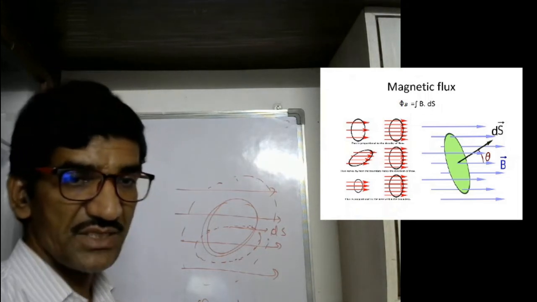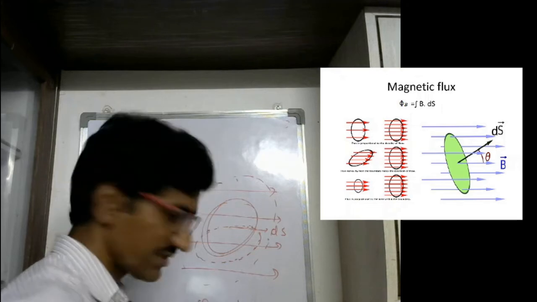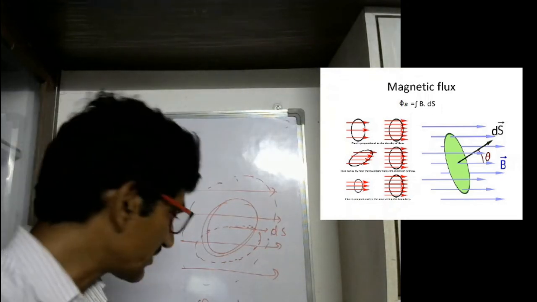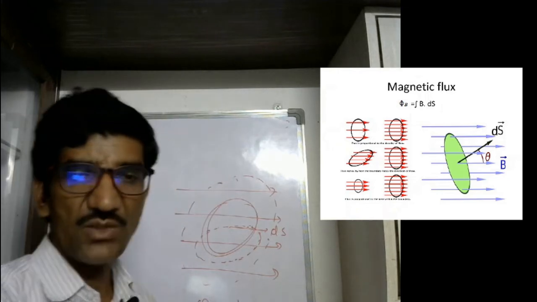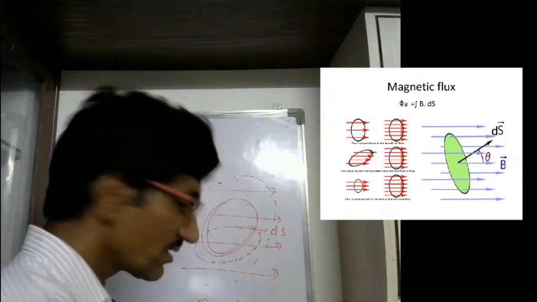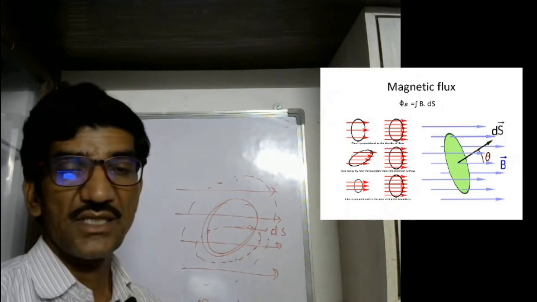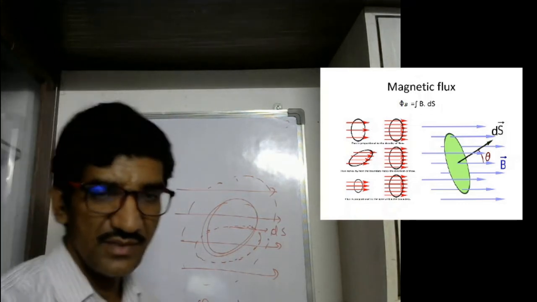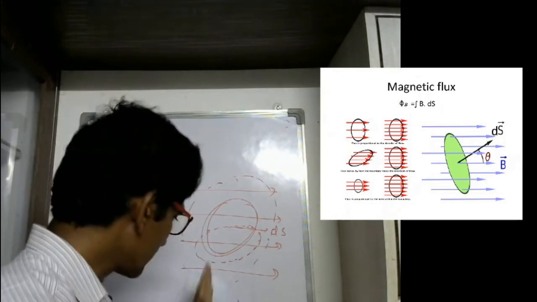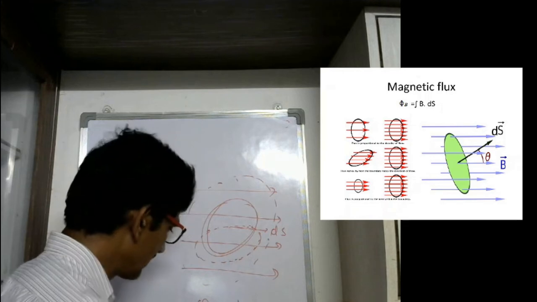Flux through some particular area will depend upon these things: how much the area is, what is the orientation of the ds, the angle theta or cos theta, and what is the intensity of the field where the ds is located. All these things will influence phi b.